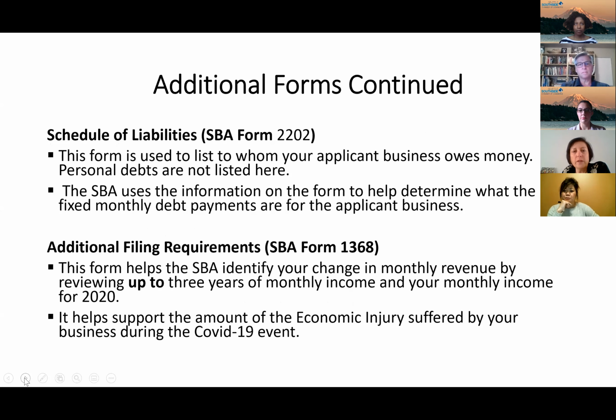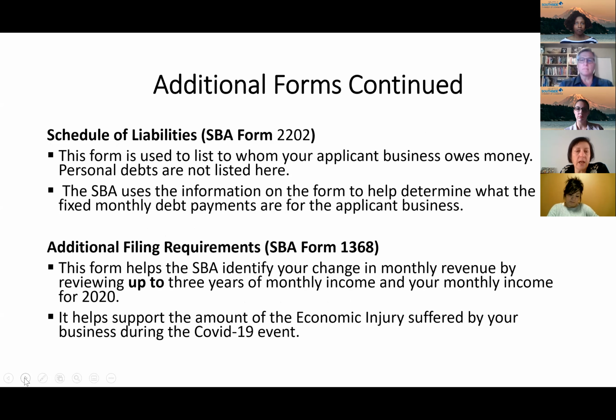Okay, the schedule of liabilities, which is SBA form 2202. This is a real critical document because it identifies for the borrowing business, the applicant business, who the business owes money to. Personal debts are not listed here. You've already taken care of that in the personal financial statement document.